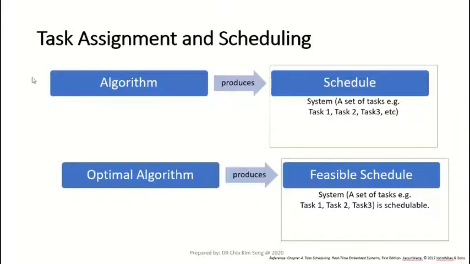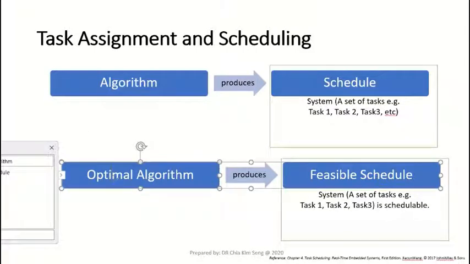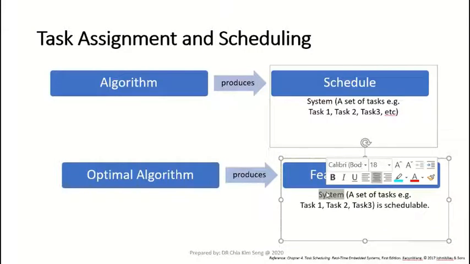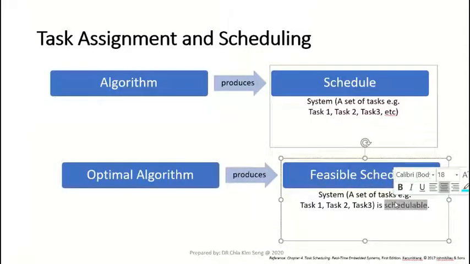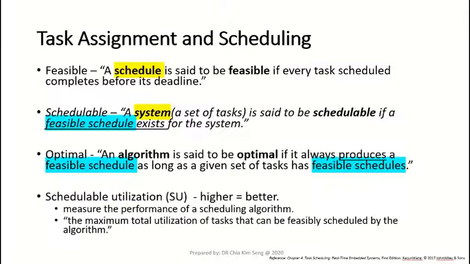So this is the first one: the algorithm produces a schedule for a system. Next, if we have an optimal algorithm, the optimal algorithm will produce a feasible schedule. Since we produce a feasible schedule for a system, the system is schedulable. So that's all, quite straightforward. There are three relationships, so try to use this diagram to imagine their relationship.